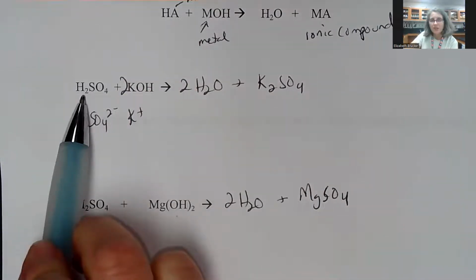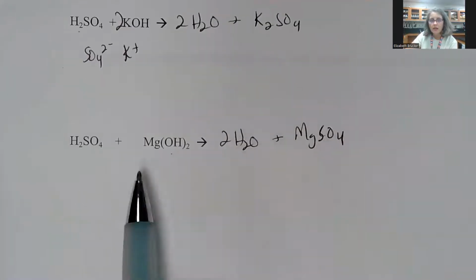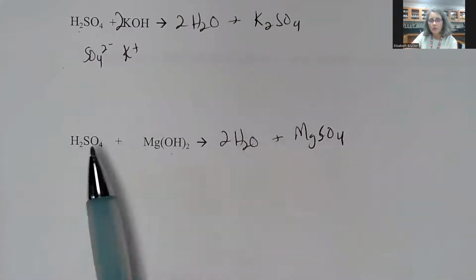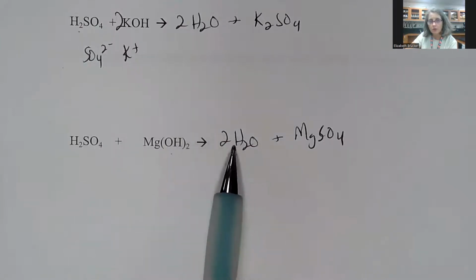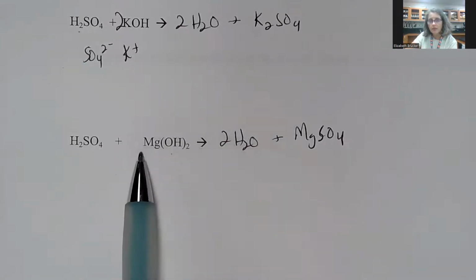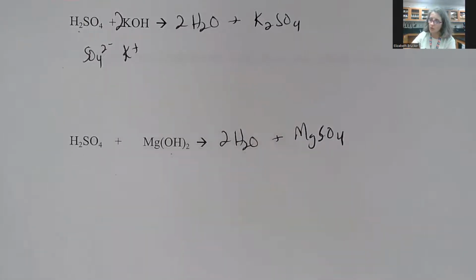Realize you have two H's here, so you could use that as a tool to figure out what your charges are. And for this one, you have the same amount of H+ and OH-, but because there are two, you need to put a 2 in front of the water. Magnesium is a +2, SO4 is a -2, so you put it together as a 1-to-1.